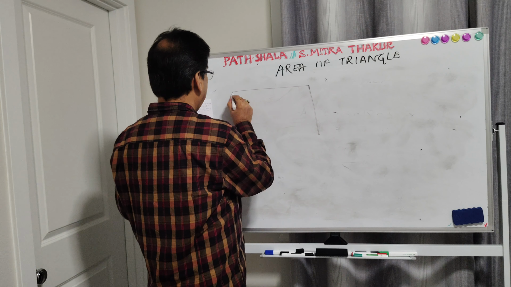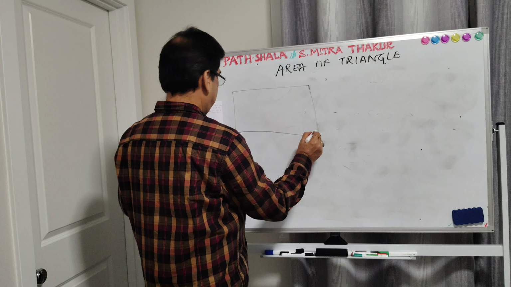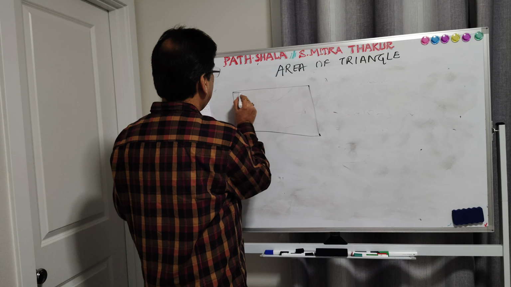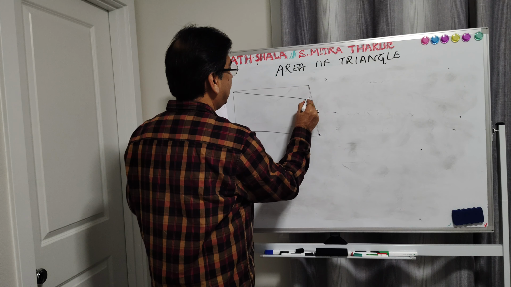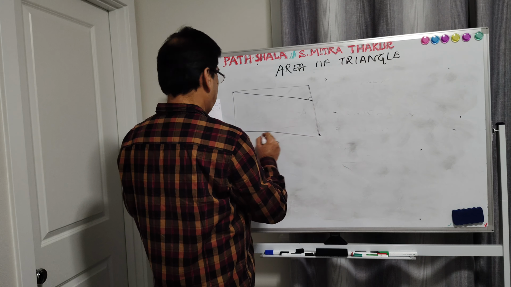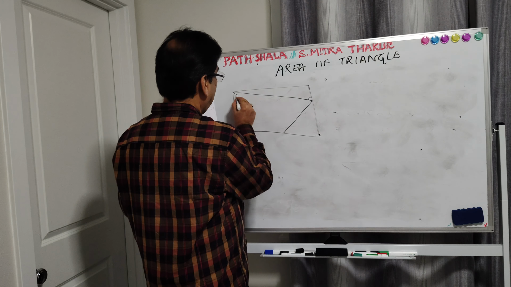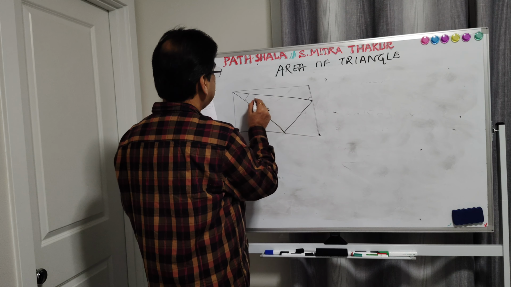This is the figure. It is a rectangle, right? This is a perpendicular line, and this is the shaded area.